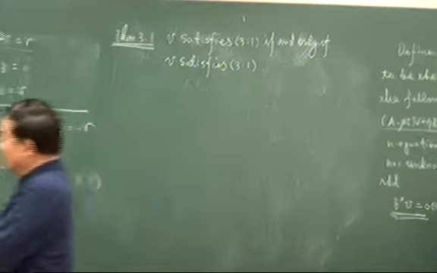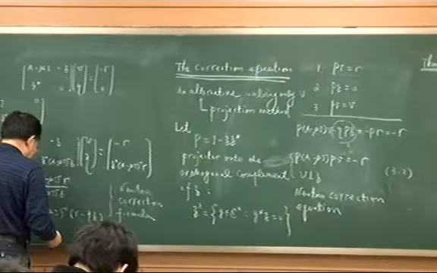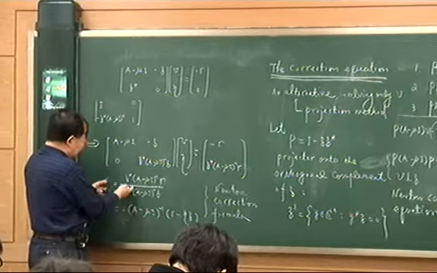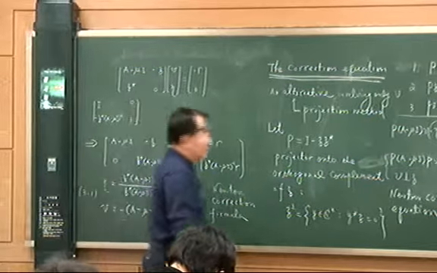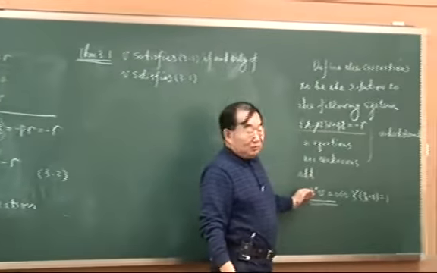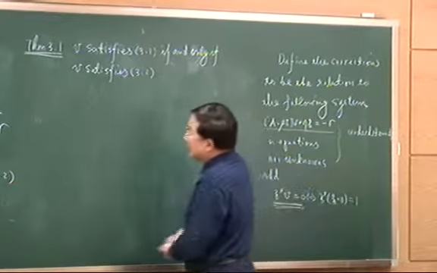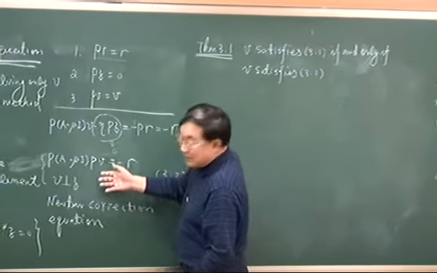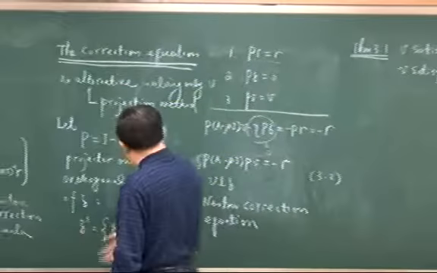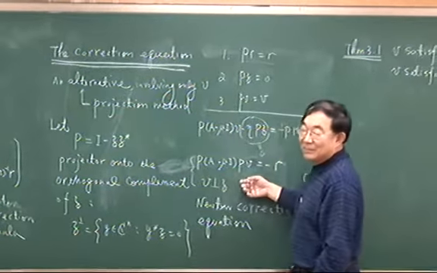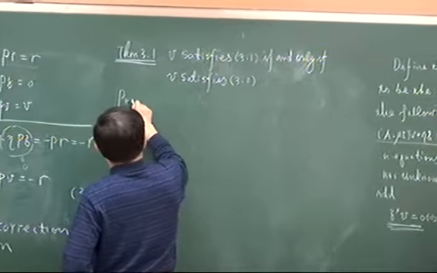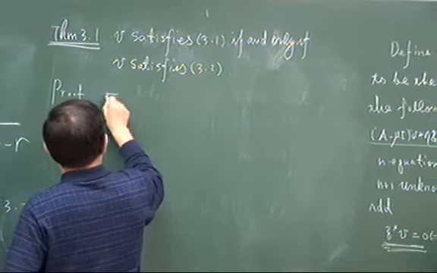That means if v is defined in this way, we know that these two numbers must satisfy these two equations. From these two equations, we just derive this equation. So if we satisfy this, we must satisfy this. That is very simple. Now we only need to prove this.